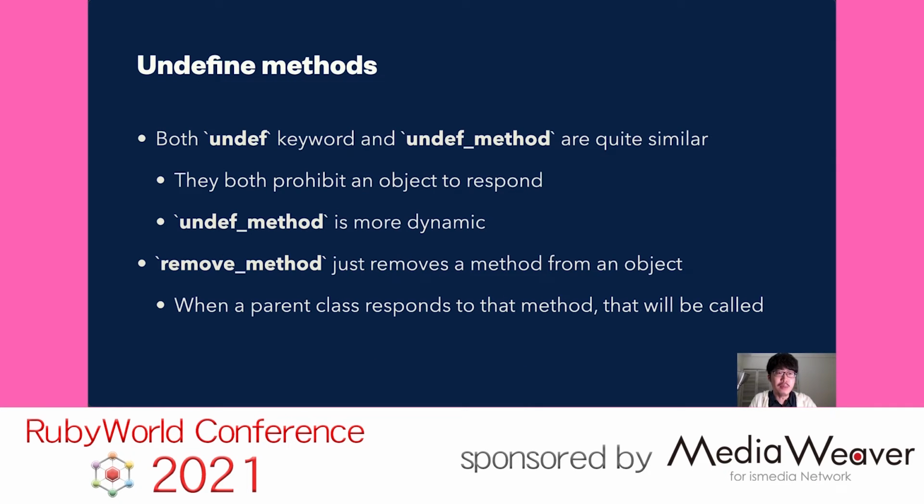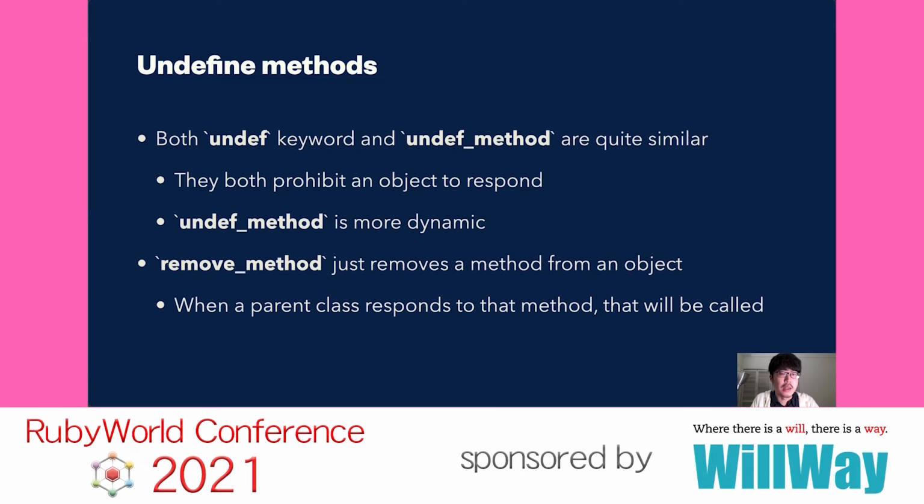Another thing, which we usually don't do, is to delete a method, and that is possible in Ruby. This is undef. It is a keyword, but we don't use it very frequently, and by using this undef keyword, it is possible to delete a method.